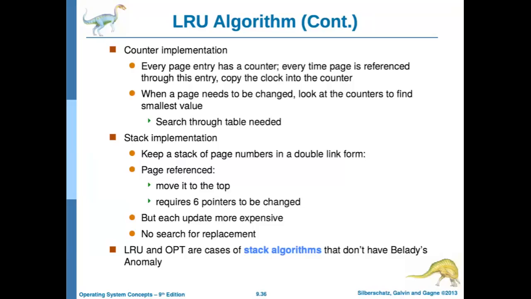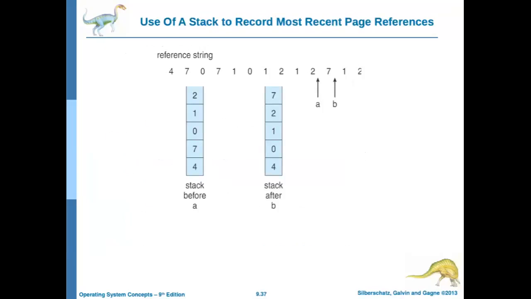Now, how is this stack used? One small example: if this is a reference string, the stack before A is something like this, where 2, 1, 0, 7, 4. That was the condition of the stack. Whenever you refer to 7, 7 was previously here, no?